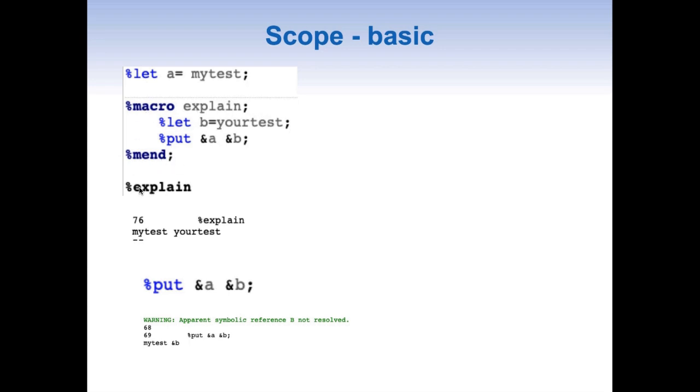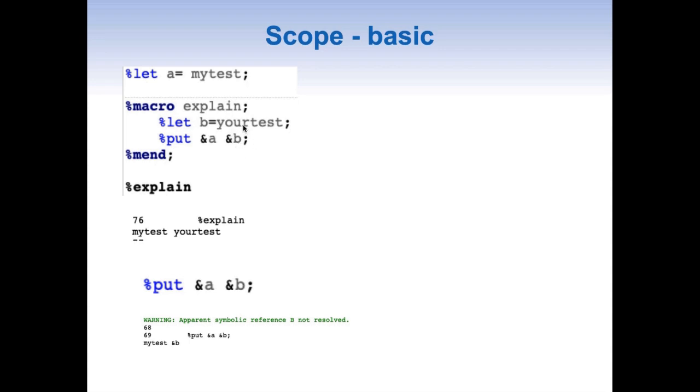And this macro explain I am executing. Once I execute, I can see the value of a, my test, and also the value of macro variable b, your test. So this explains that the macro variable which I have created outside of the macro I can use in here, and I can also use the same macro variable which I have created in the same macro.